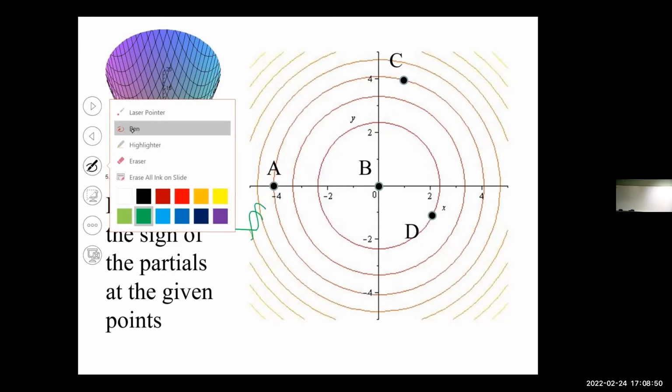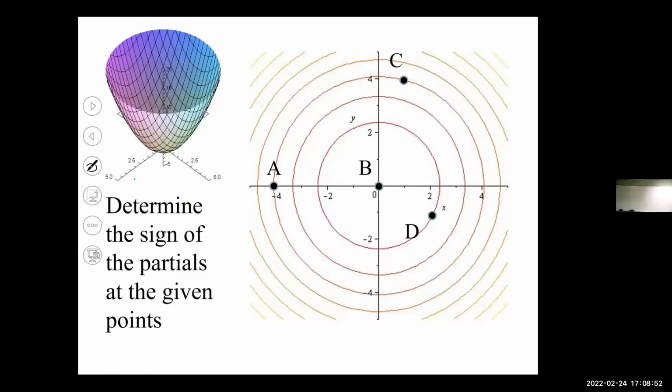So f sub x at point A. What do you think? Positive, negative, or 0? And remember what that means, f sub x. That's talking about moving in the x direction. It's looking at a change in z with respect to a change in x.